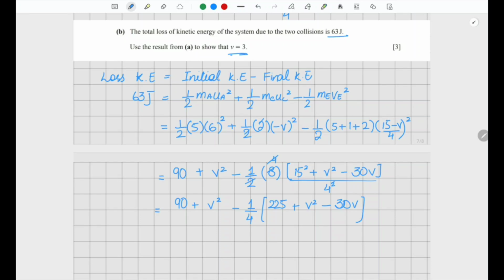Just solve it together. We can multiply the whole equation by 4 to get rid of this denominator 4.